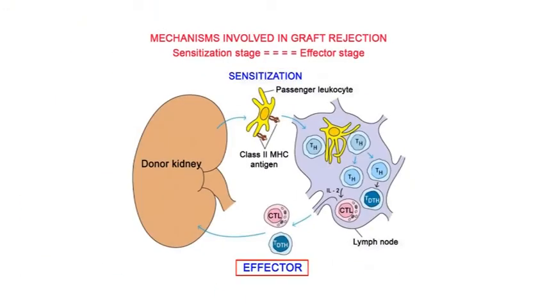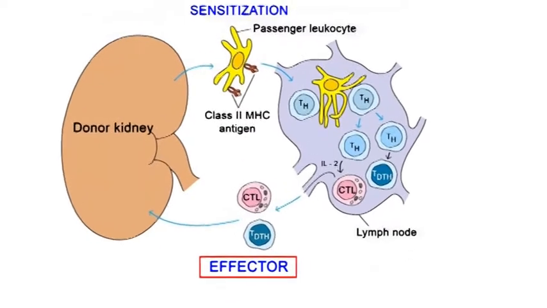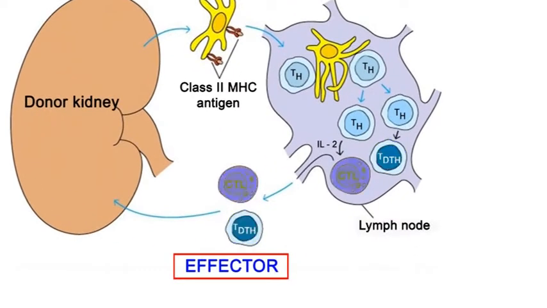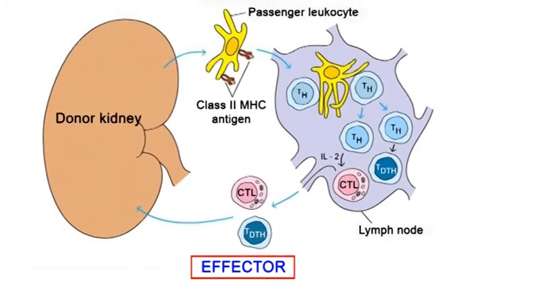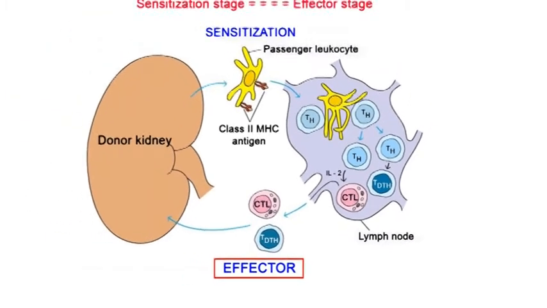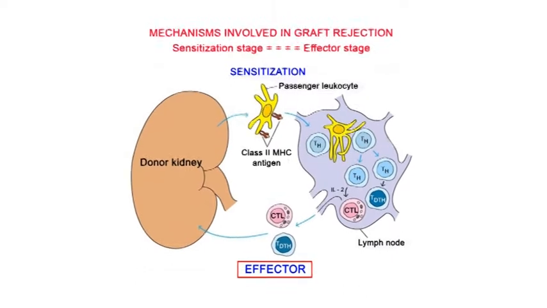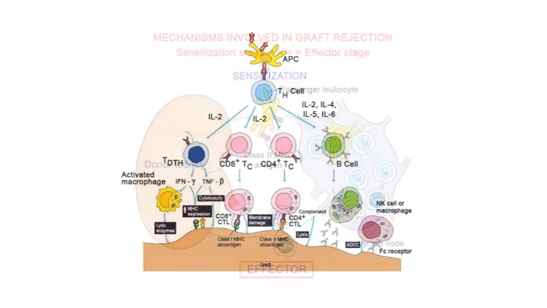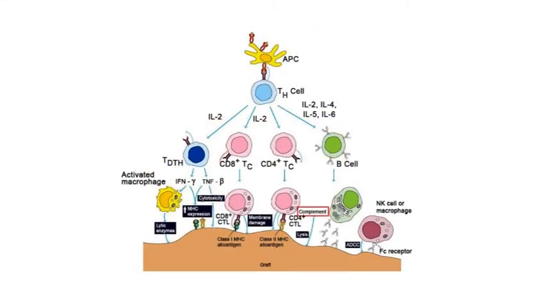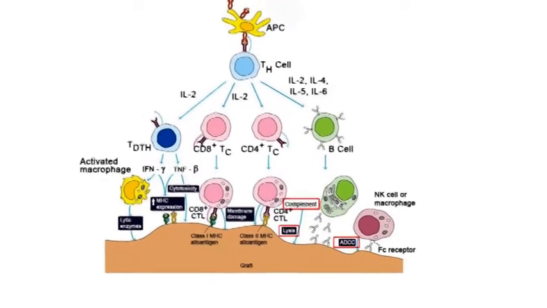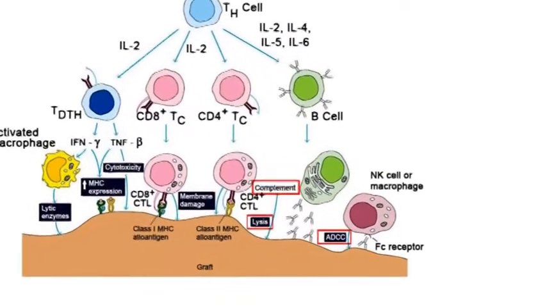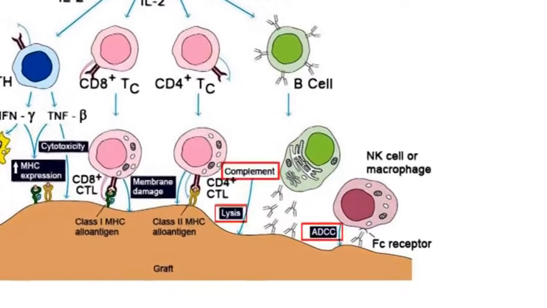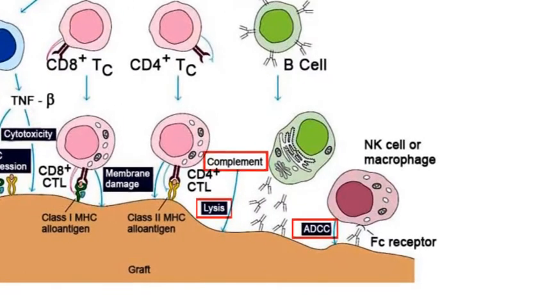In the effector phase, the major mechanisms of graft rejection are delayed type hypersensitivity reactions, or DTHs, and CTL-mediated cytotoxicity. Complement-mediated lysis and antibody-dependent cell-mediated cytotoxicity, or ADCC, also play a significant role in graft rejection.